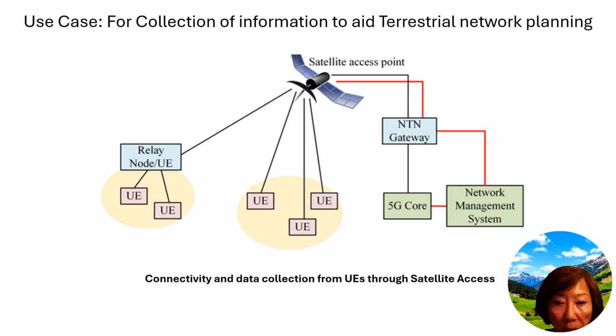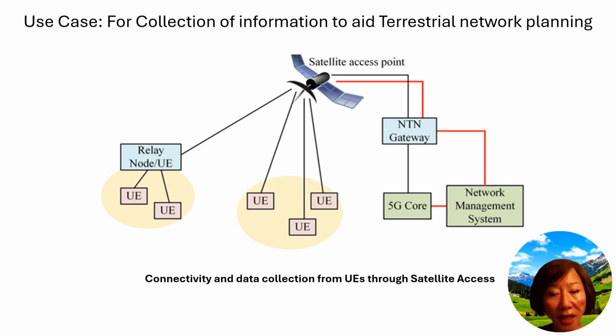NMS stands for Network Management System. The satellite access is integrated with the 5G core, allowing seamless operation with terrestrial 5G networks. The keywords here are seamless operation. When it's doing some switching or handovers, it has to be seamless. It needs to support service continuity.